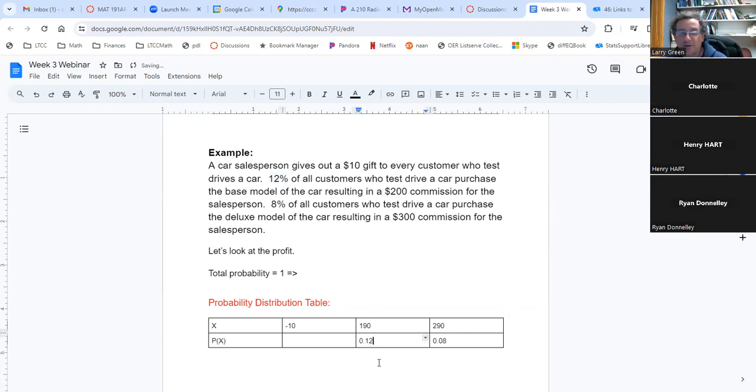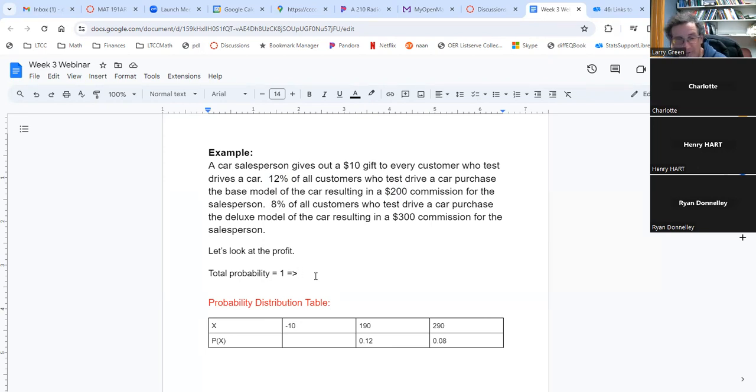Any questions so far? Okay, the last thing we have to do is find the probability that the salesperson actually loses $10, has a negative $10 profit. And this is where I wrote total probability is 1. So that means that if we add all of the probabilities up, you have to get 1.